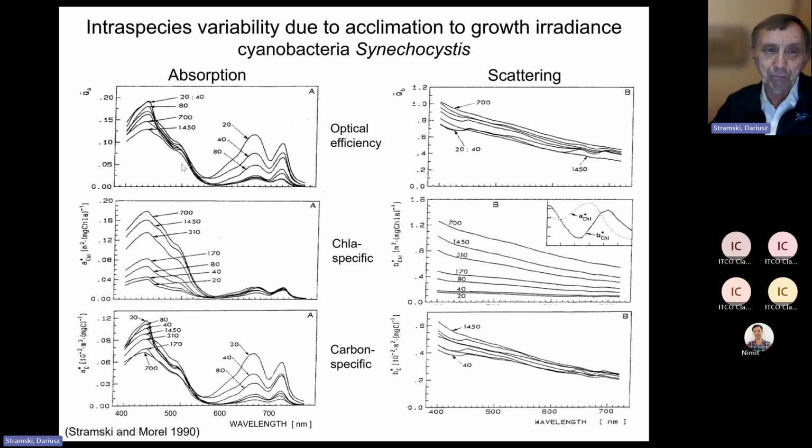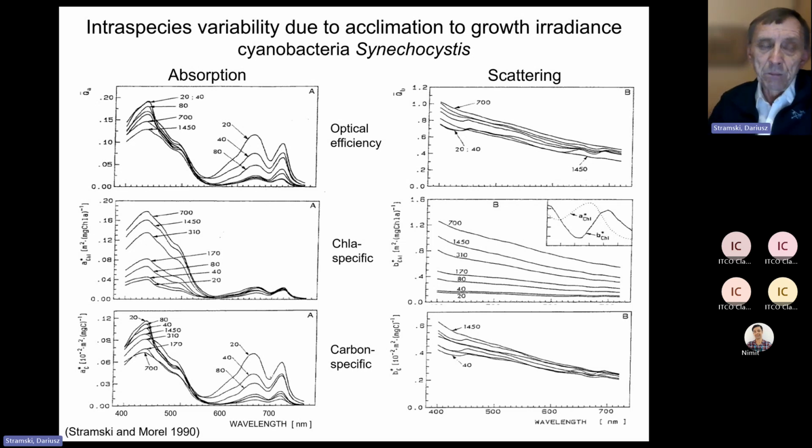Different curves have been obtained for cultures of Synechocystis acclimated to different levels of growth irradiance, indicated by these numbers, 20, 40, and so on, up to 150. The low numbers are low irradiance, and the high values are high irradiance. These are PAR values, photosynthetically available radiation, expressed in micromoles of quanta per meter squared per second.